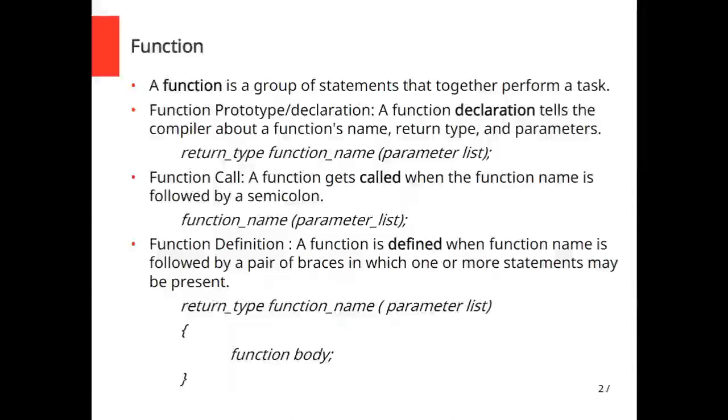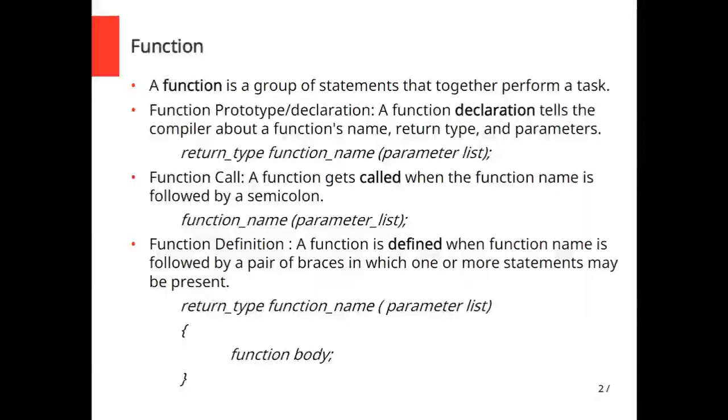Next, function definition. So this is where we say what that function is. We define the function name, then we open the braces and mention all the statements required to perform that task.